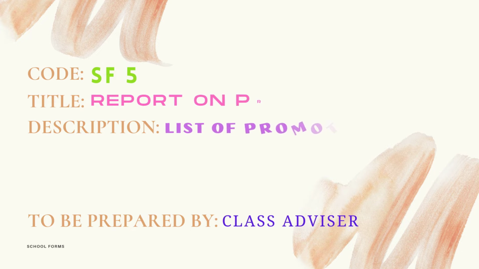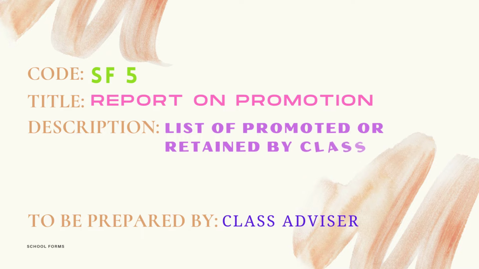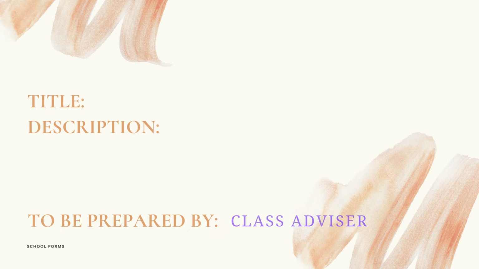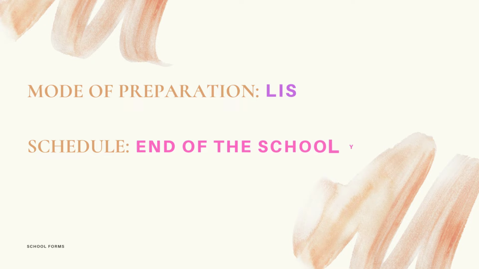Next is SF5 or School Form 5. This is the report on promotion. The list of those promoted or retained by class is indicated here, to be prepared by class advisors. Mode of preparation is through LIS, and the schedule of preparation is every end of the school year or EOSY.